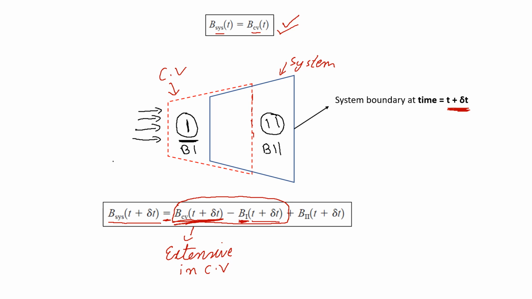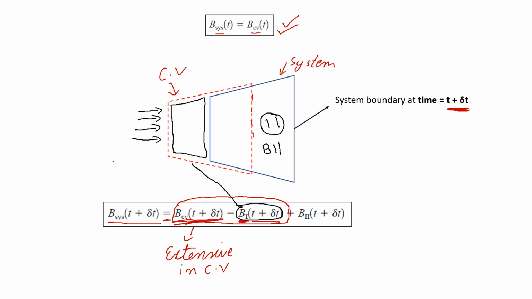It is representing this region. This B1 at t plus delta t is basically representing this region right here, the extensive properties inside this region of the fluid that is moving into this area.